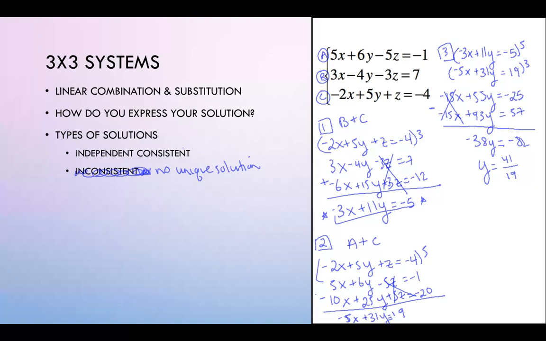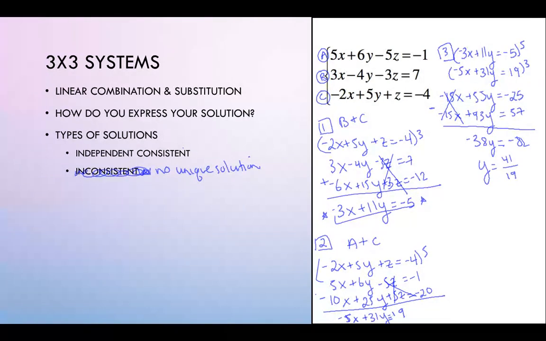Did I do this all correct? I did b and c. Negative 2x plus 5y plus z equals negative 4. And I multiplied through by 3. 3z, negative 12. And that was 3x minus 4y minus 3z. Those went away. And I added down.